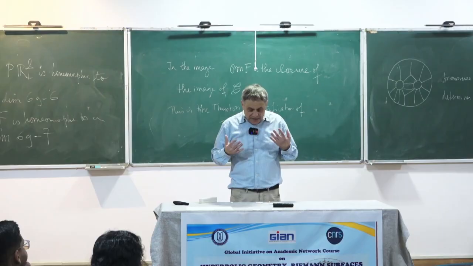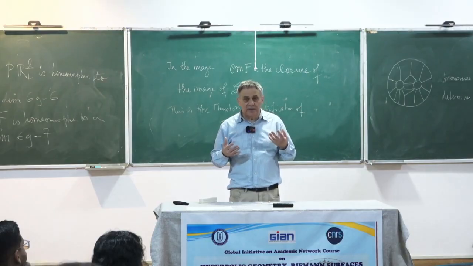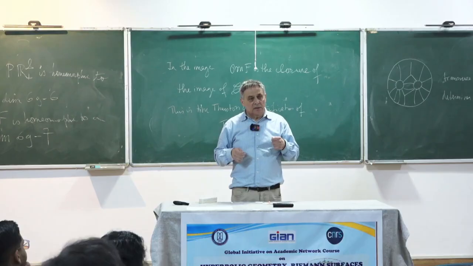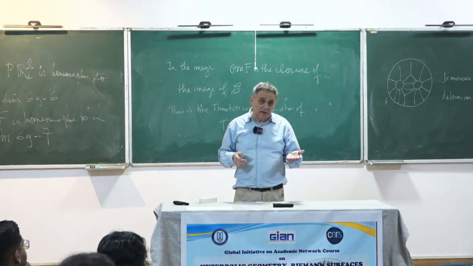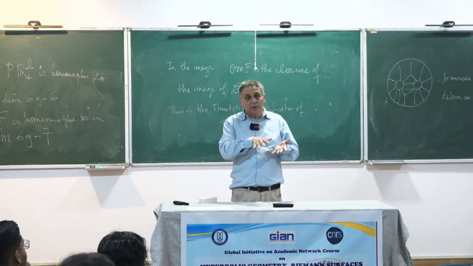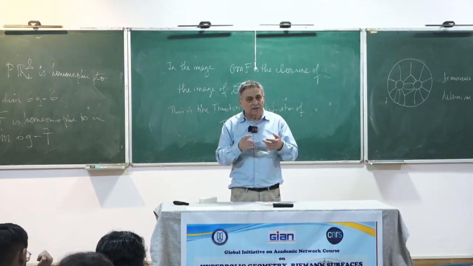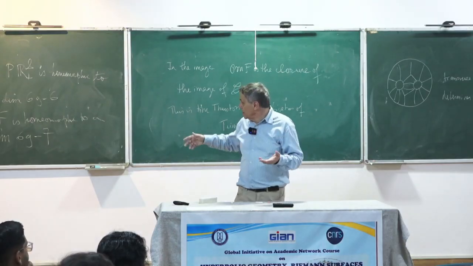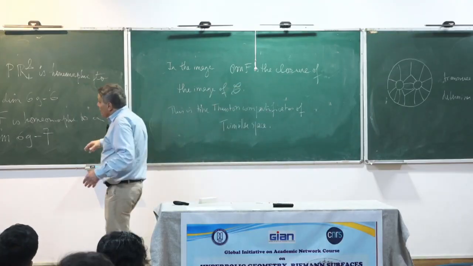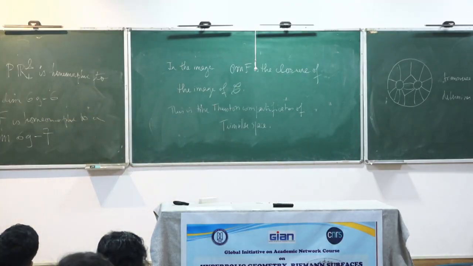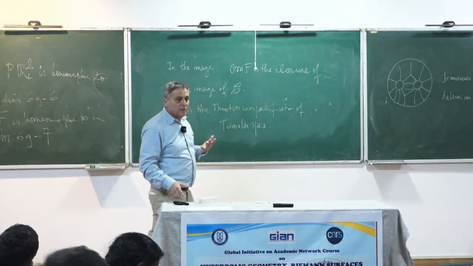Because a measured foliation is determined by the intersection numbers with homotopy classes of simple closed curves, if I take a homotopic measured foliation, it will give me the same intersection functions with homotopy classes of simple closed curves. So in the same way as we had a marking here, and we identified two hyperbolic structures if they are homotopic, here as well I'm identifying two measured foliations if they are homotopic.